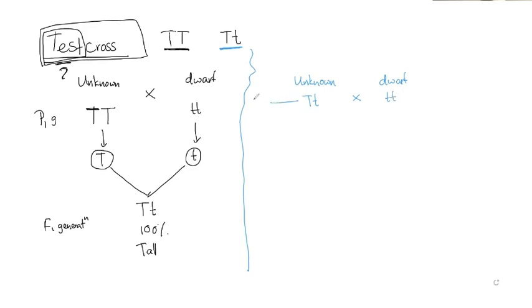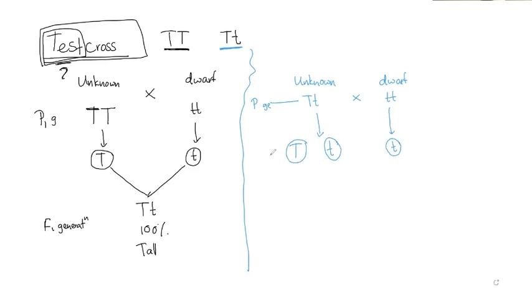So this is the parental generation. We get two types of gametes, capital T and small t gametes. In the other plant, we get only one type of gamete, small t gametes.